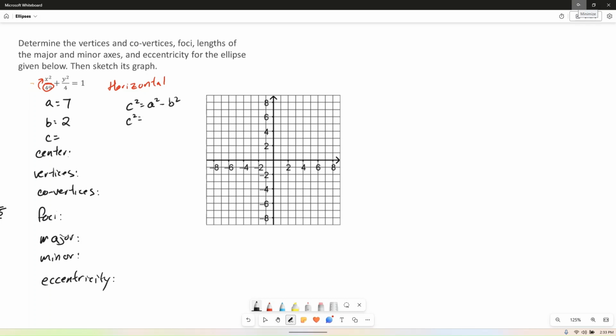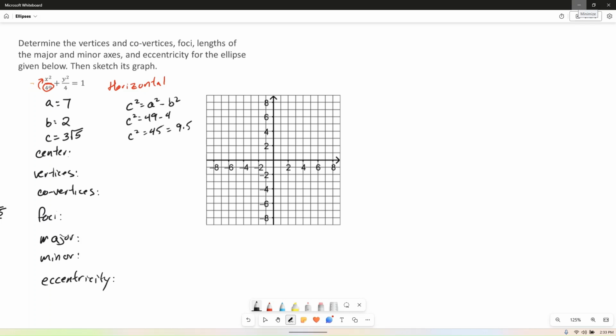So C squared is 49 minus 4, or 45. C is the square root of 45, and 45 is 9 times 5, so C is 3 times the square root of 5.